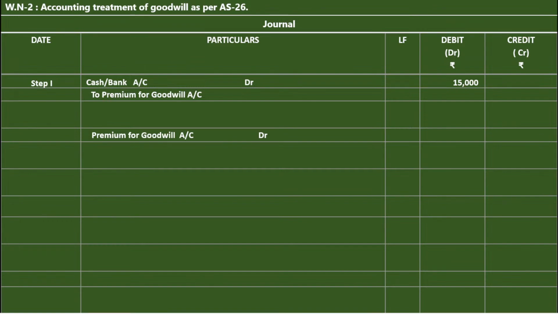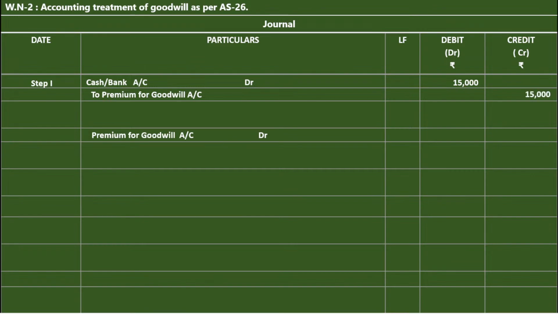Are you understanding it? The firm receives the money from the new partner and then distributes it to the old sacrificing partners. So when the new partner brings cash for goodwill, the journal entry is: cash or bank account debit to premium for goodwill account, amount rupees 15,000.